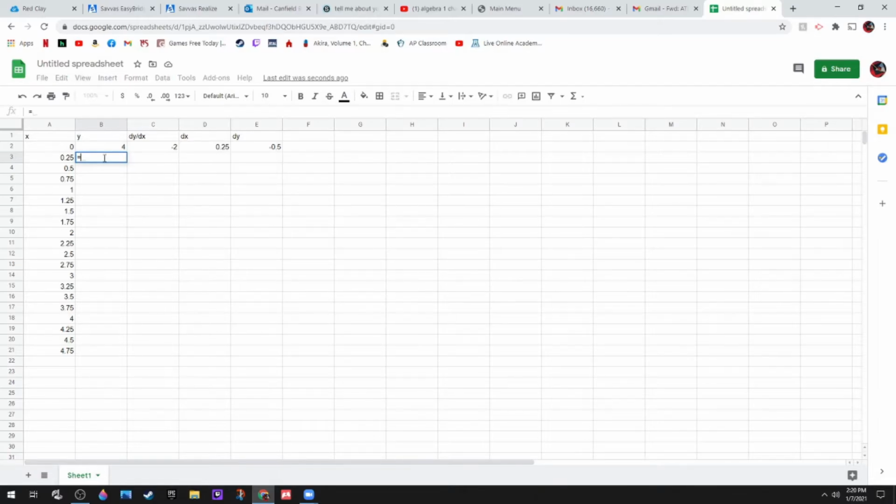And then I can say this equals this plus this guy. I get 3.5. Then I can drag this down, and it continues that formula. And then continue these all down because it's 0.25 all the way down.